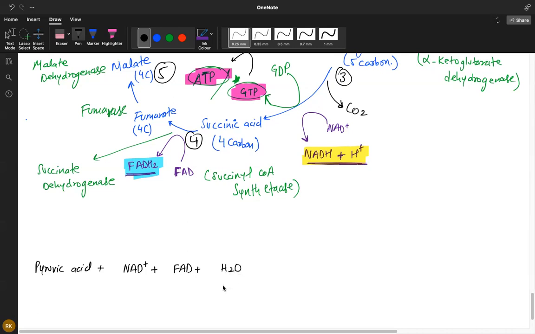Water came at 2 steps, which I have not mentioned, but just remember that water came. And one ADP also here. This GDP can be taken as a proxy for ADP, because I told you that in a parallel reaction, this GTP goes down to make an ATP. So we say that this GTP leads to an ATP, so we will count it as ATP. So ADP plus a Pi. So all of this is happening in, where is it happening?